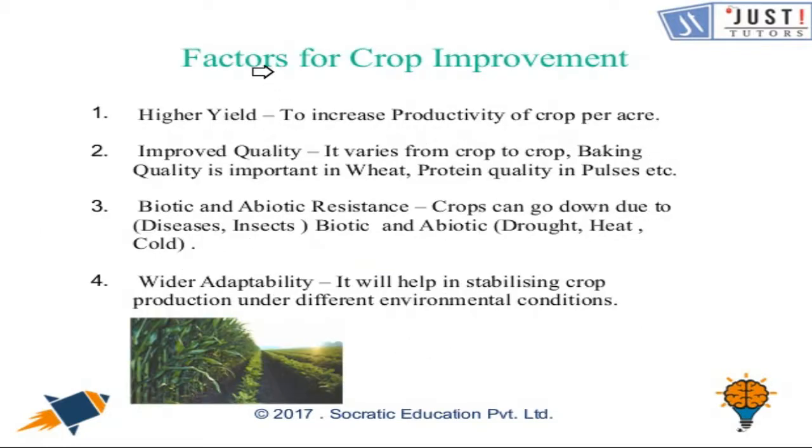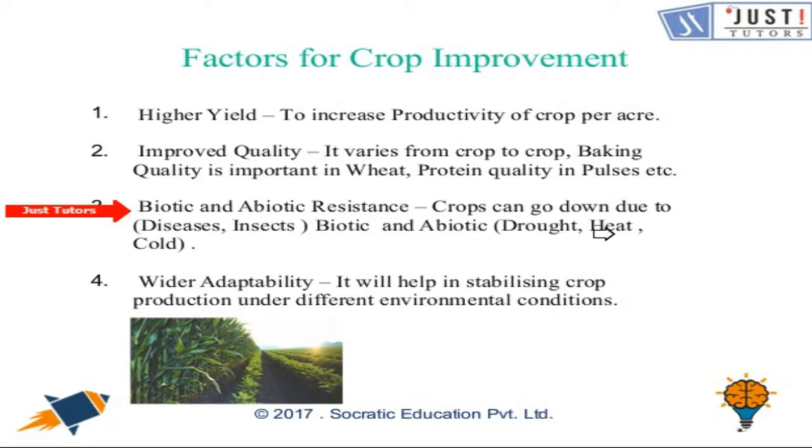So let's have a look at the factors which are important for crop improvement. Higher yields. They are used to increase productivity of crop per acre. Improved quality. It varies from crop to crop. Baking quality is important in wheat, protein quality in pulses, and so on. Biotic and abiotic resistance.